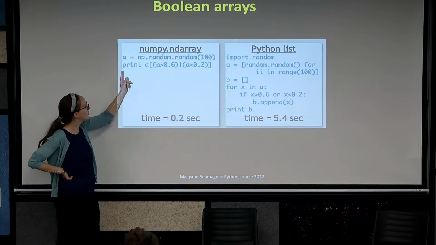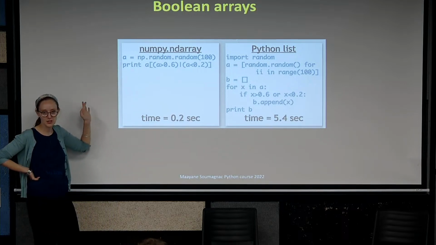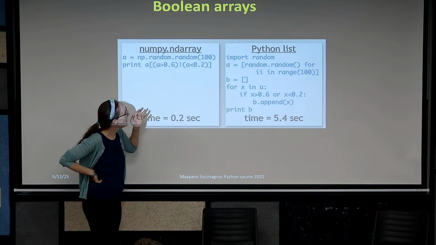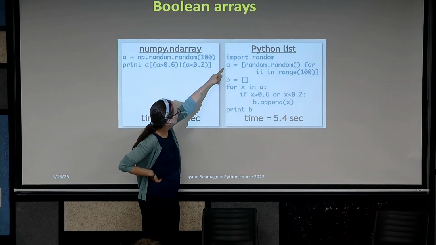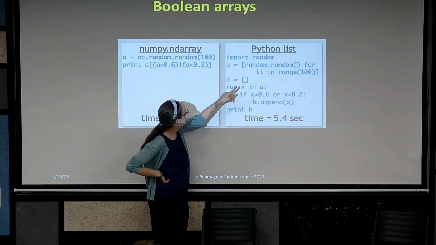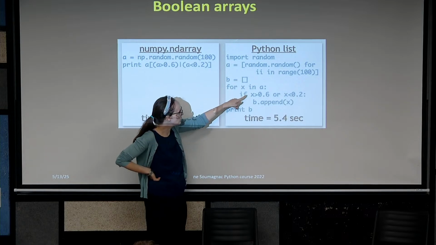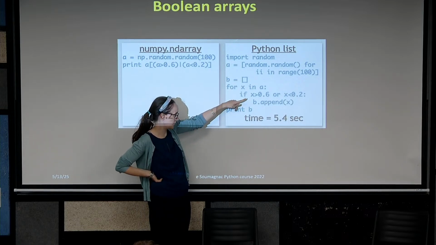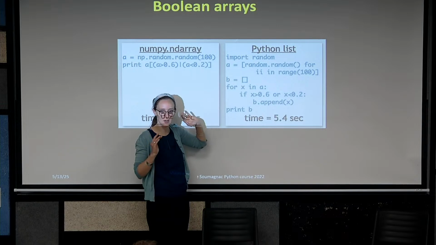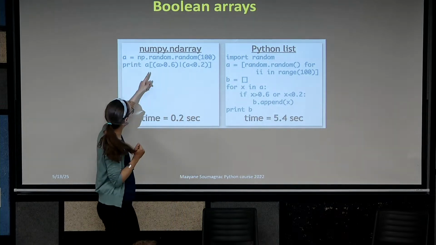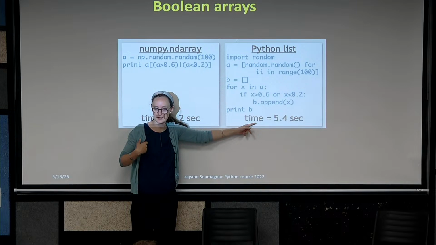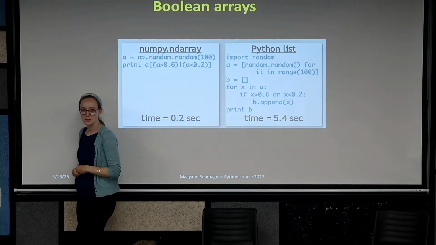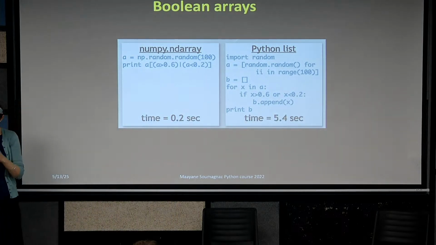If I wanted to do this very same operation with a list, I would define a list and do a loop, asking it to loop through the list and make a list of the elements that fit this condition, and this takes much longer.